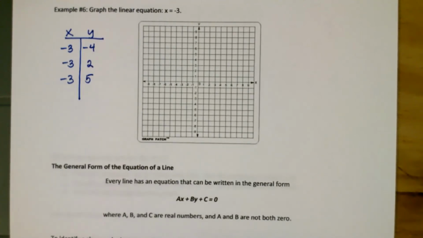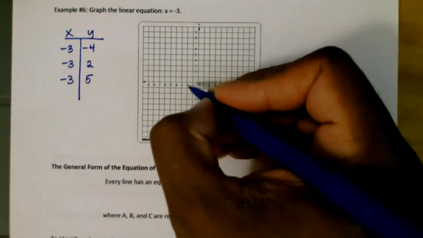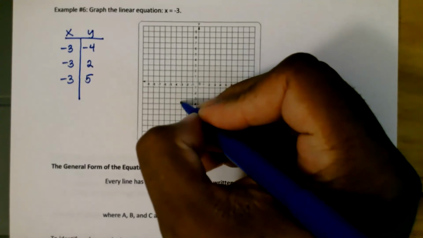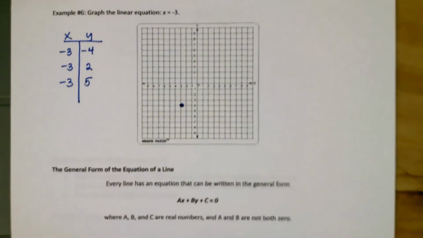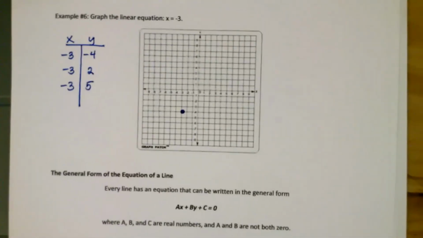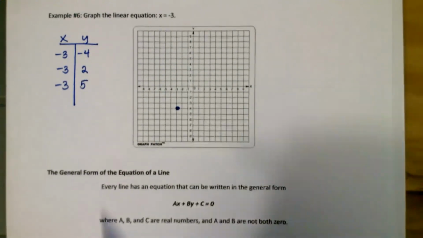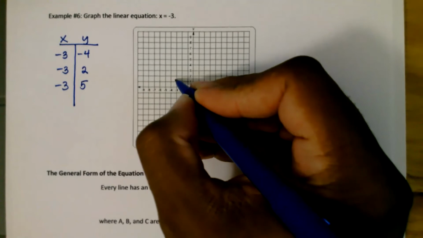And now we'll plot those ordered pairs on the coordinate plane, like (-3, -4) would be to the left 3 and down 4. And then (-3, 2) would be to the left 3 and up 2.